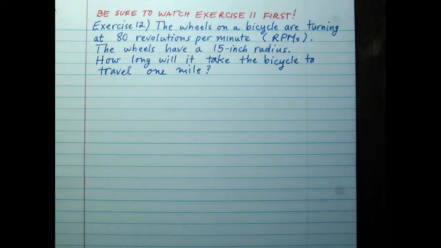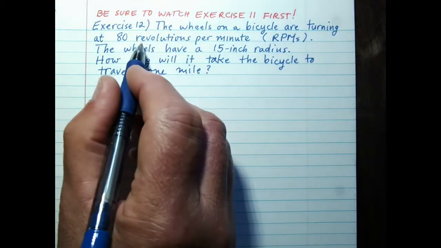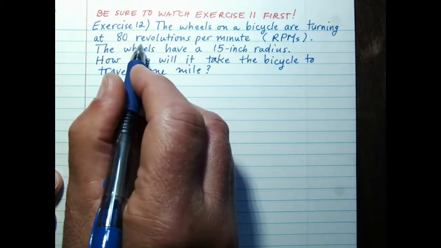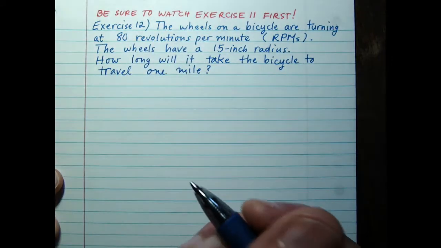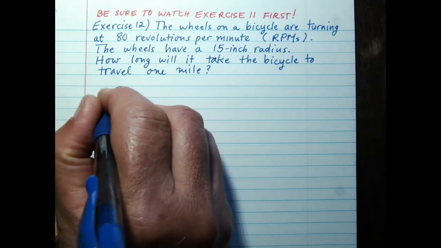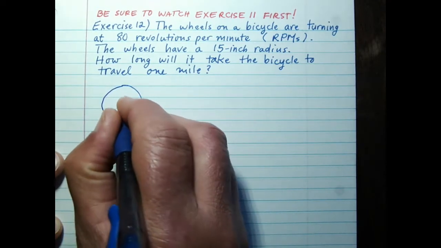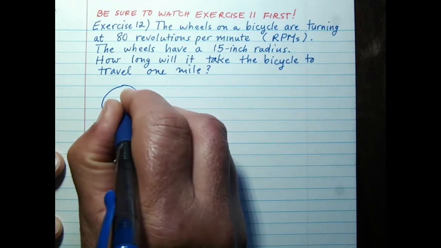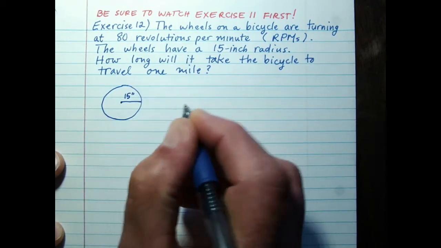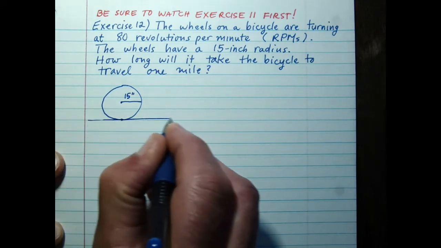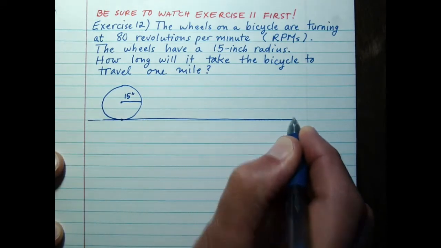Now, first we see that phrase revolution per minute, and so we do have to think about how the word revolution is being used here. A revolution is 1 full turn of the wheel. So we have these bicycle wheels that are 15 inches in radius. And let's draw some ground here.